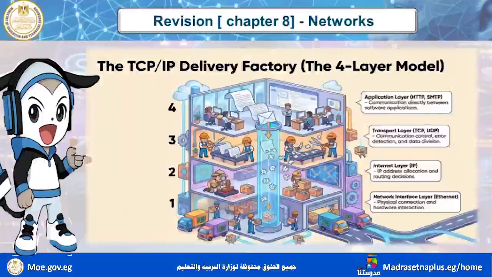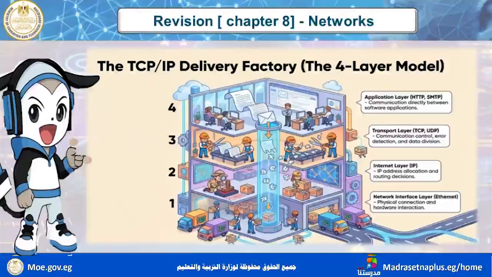TCP/IP, the Internet Protocol suite, which is a delivery factory, consists of 4 layers. The first one is the application layer, by which we mean the browser layer. Inside this layer we use HTTP, which is used for browsers, and SMTP, which is used for sending emails. The second layer is the transport layer, in which we use TCP and UDP for communication control, error detection, and of course data division.